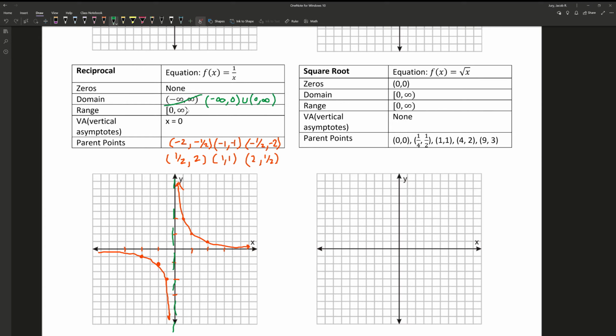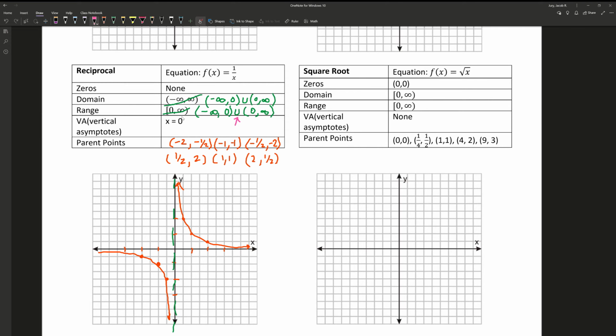The range should be the same as the domain. So that's actually one that I messed up on the creation of this worksheet, but you know now that those are the domains. Notice this little symbol, the U, that's saying I'm combining the pieces of my domain or my range.